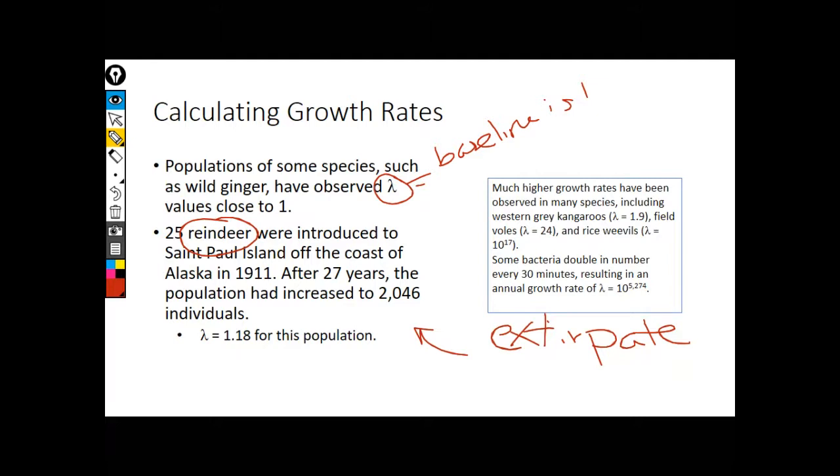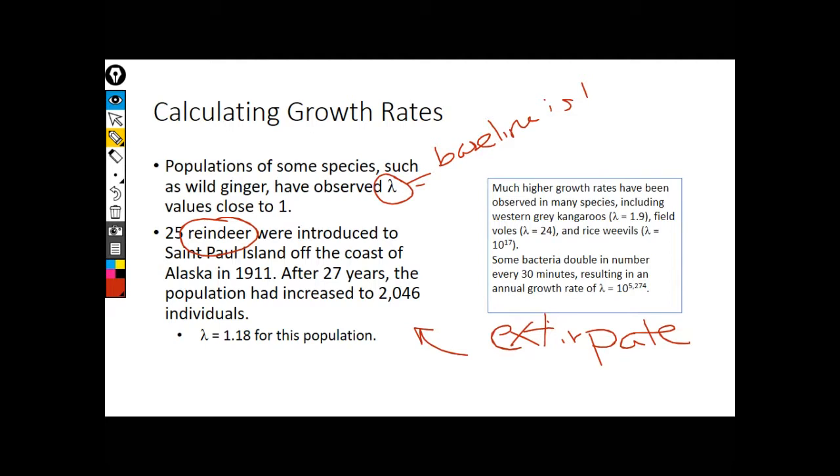They were reintroduced off the coast of Alaska. This is a common conservation effort. And we talked about this when we were doing our Eco-Evo conversation too. We had the gray wolves that were reintroduced to Isle Royale to help control the elk.